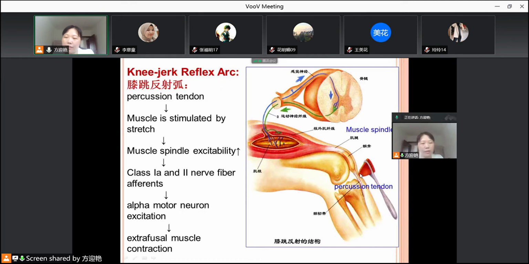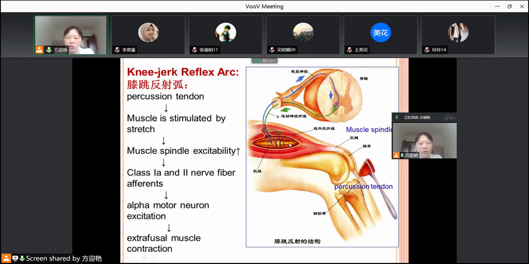You can do this by yourself, and others can too. The muscle is stimulated by stretch, leading to the spindle in the muscle being excited, and it is sensitive to muscle contraction.